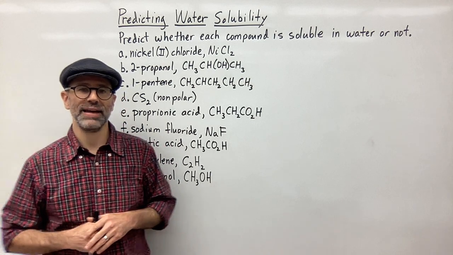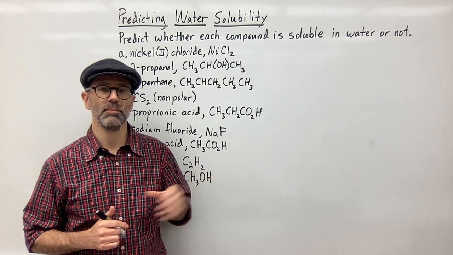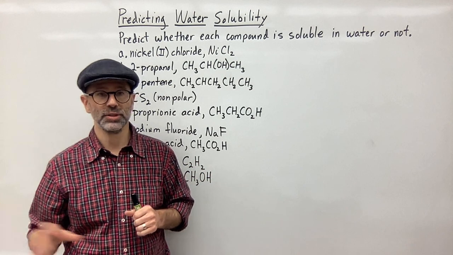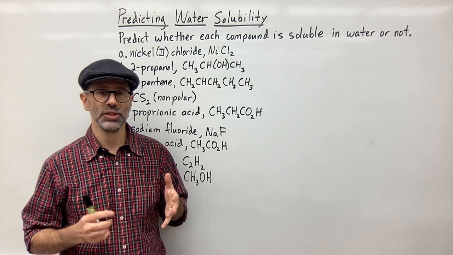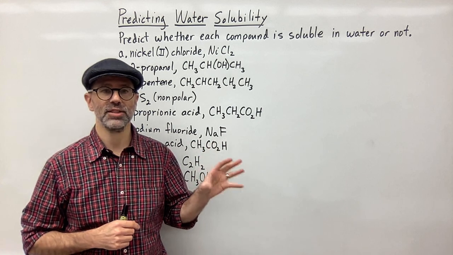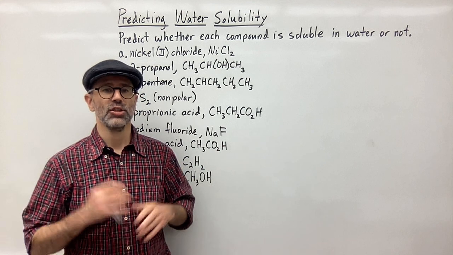If you have a nonpolar substance, nonpolar substances are more likely to dissolve in other nonpolar substances. Same with polar substances. Those are more likely to dissolve and will dissolve in polar substances. So like dissolves like.